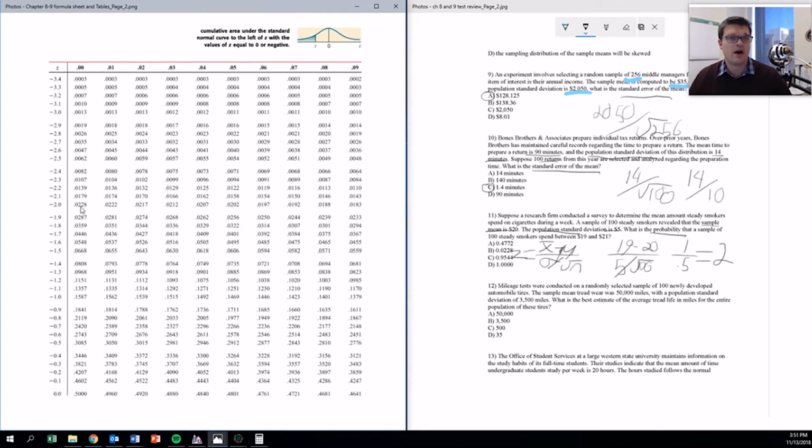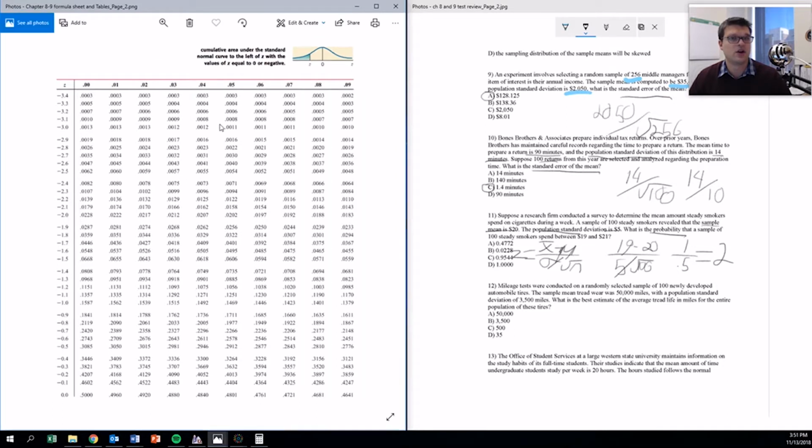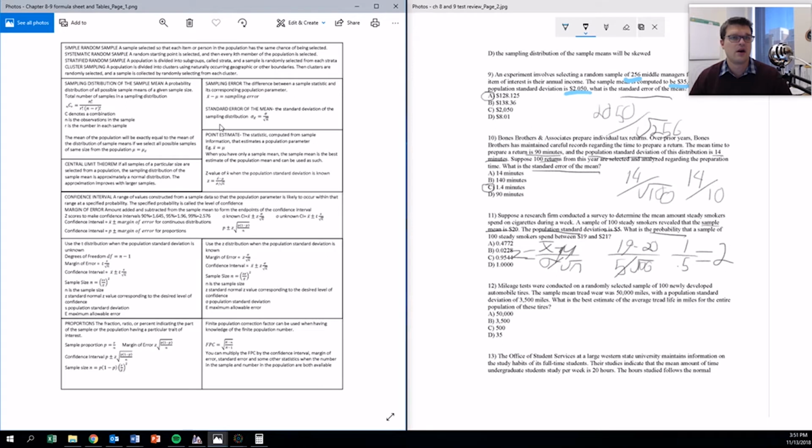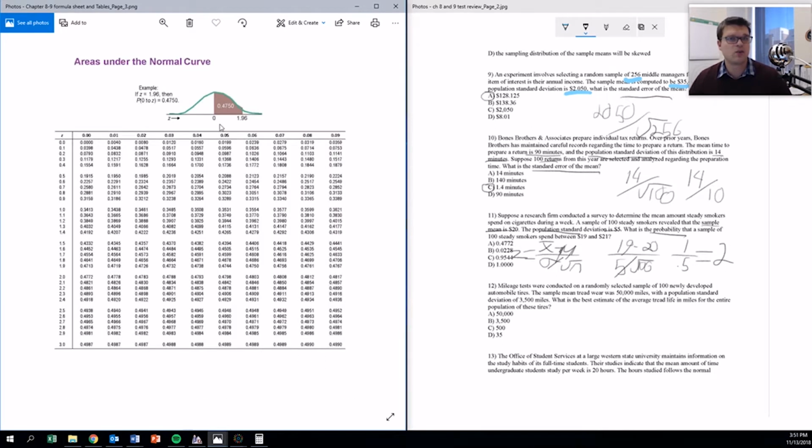But that's not exactly what we're asking for. If we're asking what is the probability of an individual being at 2 standard deviations above the mean or higher, or 2 standard deviations below the mean or below, this chart will give that to us. But if we are asking what is the probability of being between the mean and 2 standard deviations above the mean, let's take a look at this.